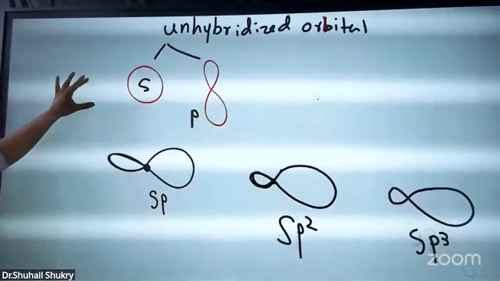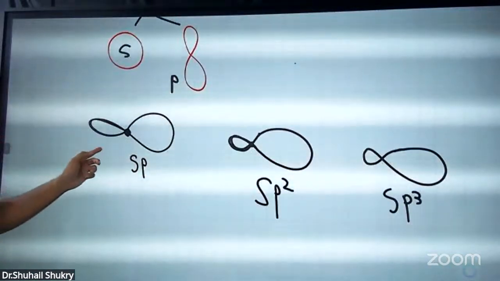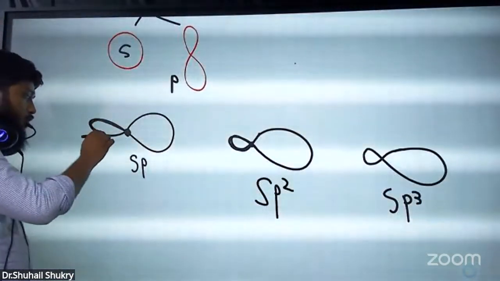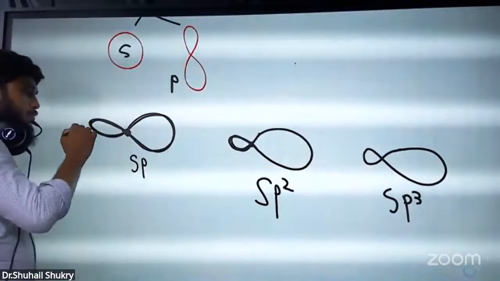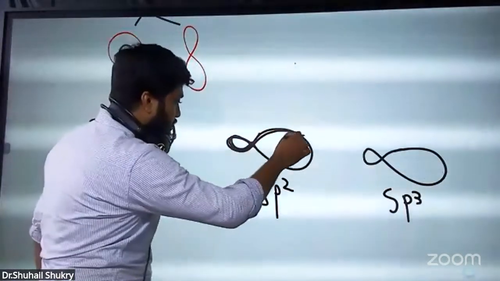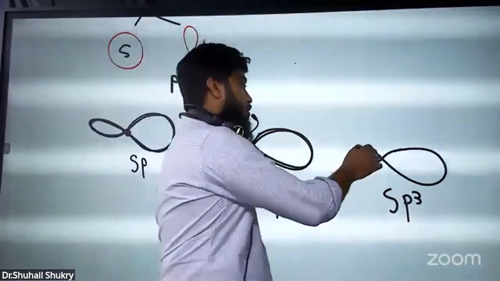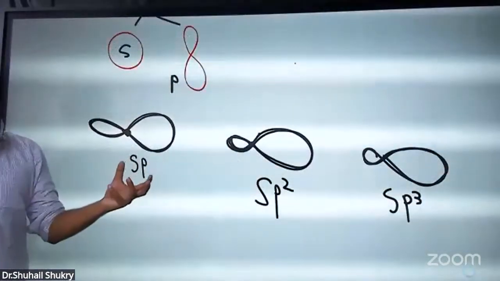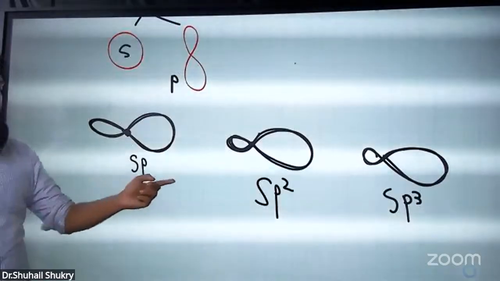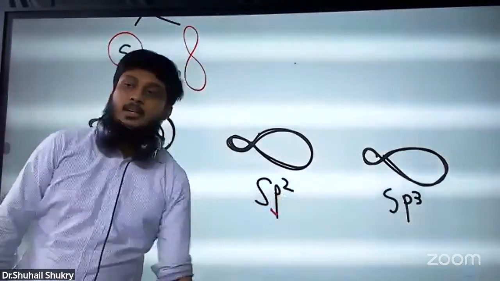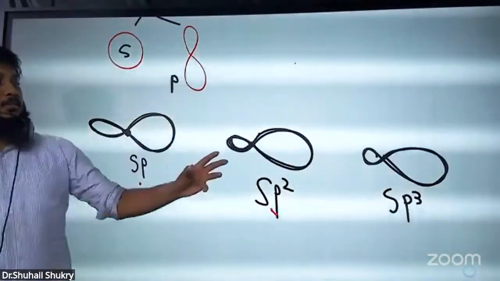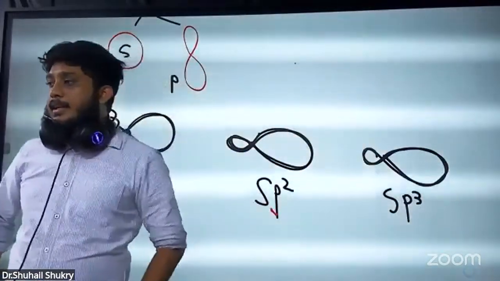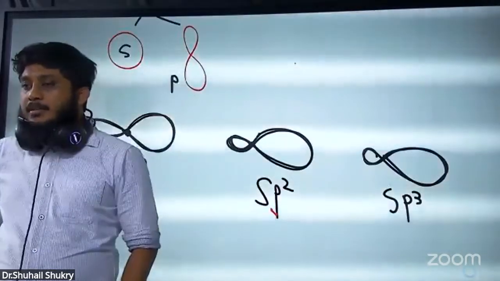When s and p join together, the shapes will change like this. When the p character increases, the p character meaning these 1p, 2p, 3p, what is happening to this size? It is reducing. With that, you can realize what type of hybridization it is.